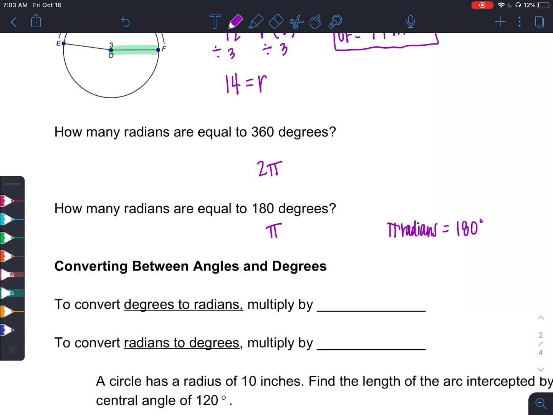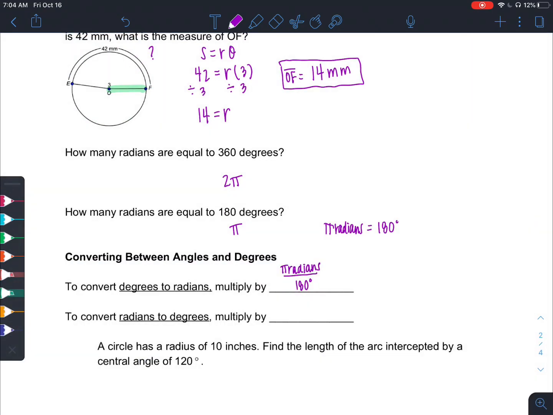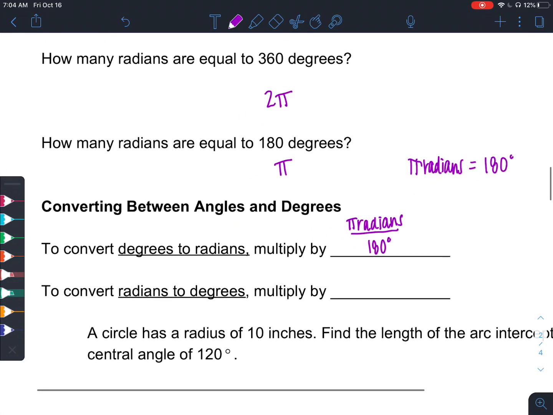So to convert from degrees to radians, we're going to multiply by pi radians over 180 degrees. And to go from radians to degrees, we're going to multiply by 180 degrees over pi radians.